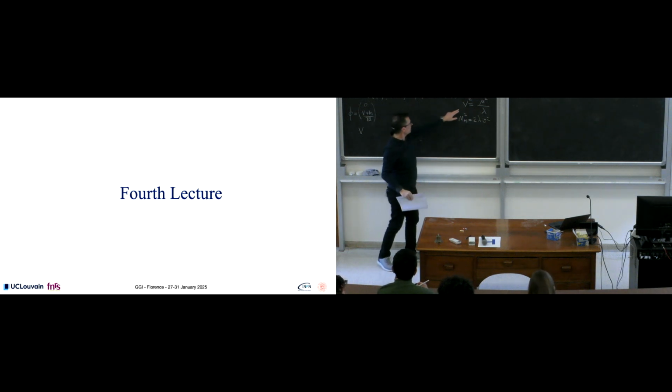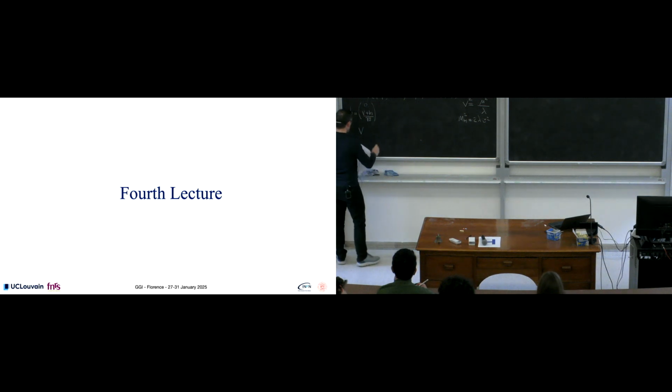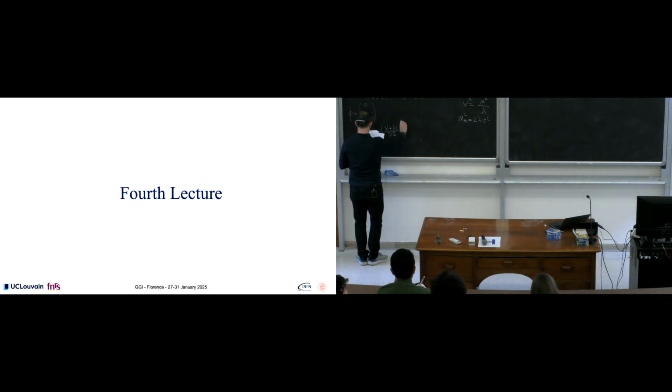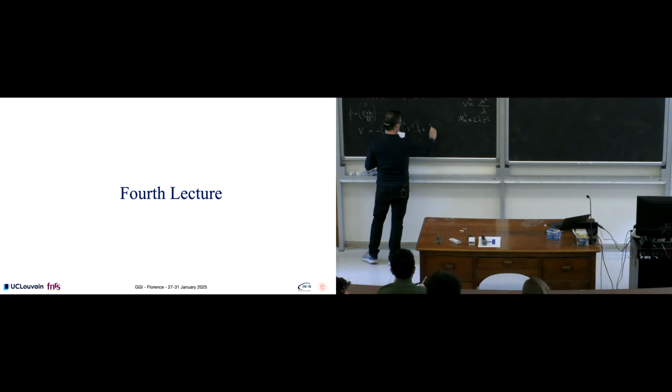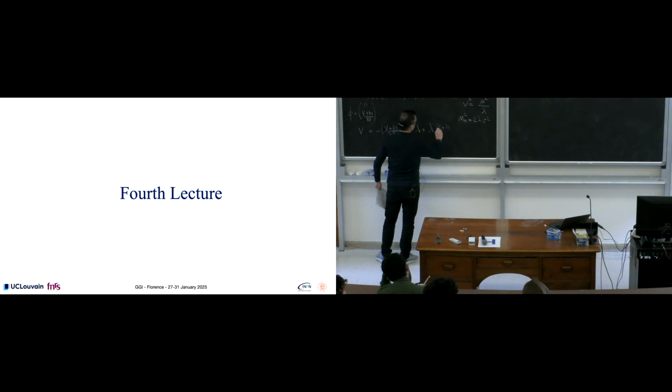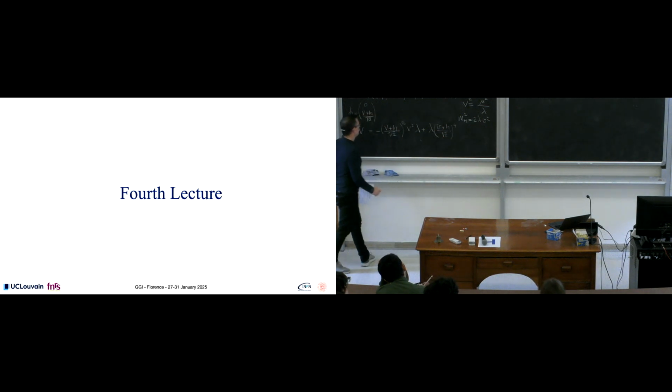This is telling me that the minimum of this potential is at v, and I impose it, okay? So I'm already using it. I don't have to impose it again. So I just substitute my expression.